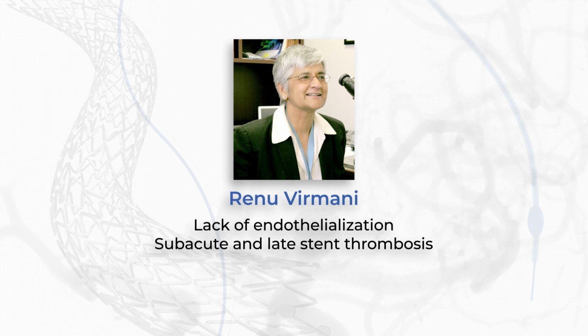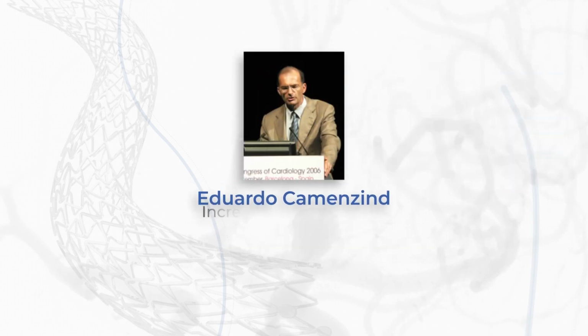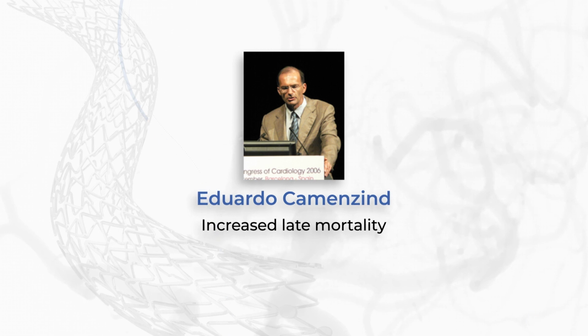A group of key opinion leaders has refused to acknowledge the issue of subacute and late thrombosis and/or pseudoaneurysm related to the lack of full endothelialization, well described by Renu Virmani, and the alarm of increasing mortality sounded by Edward Camenzind during the ESC meeting.